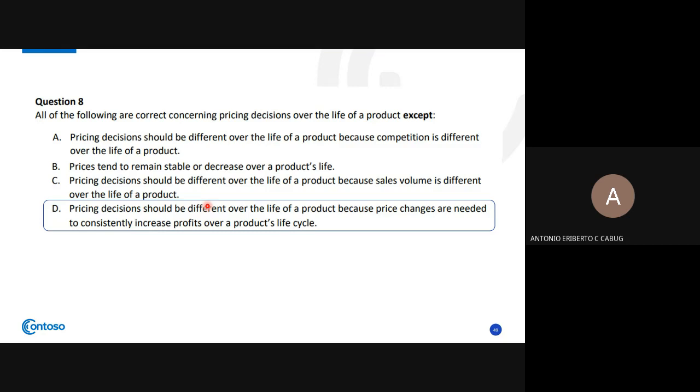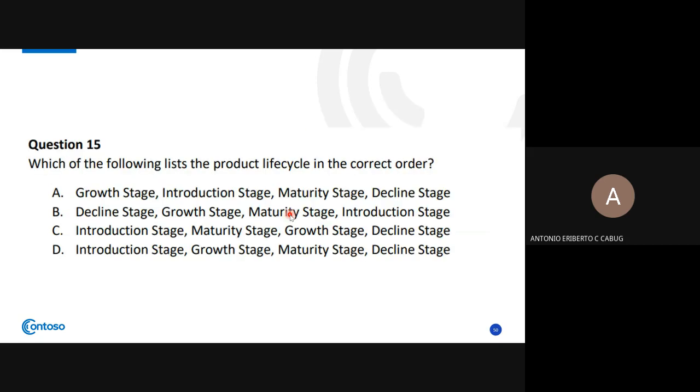So at the introduction, you're overcharging, no? You call that price skimming. Throughout the life of the product, no? After ng 3 years, luma na yung Windows 98, no? Until fast forward 20 years into the future, makikita mo na obsolete na siya. Okay? Actually, wala na siyang value ngayon. Pabago-bago yung price, no? Depending on the circumstances at what stage you are in the life cycle.